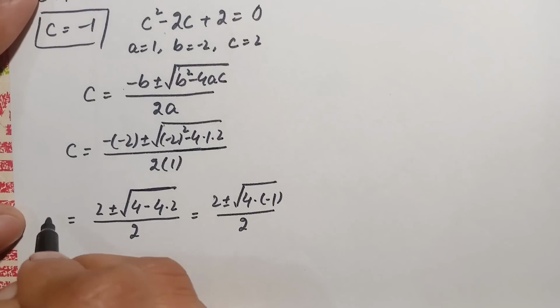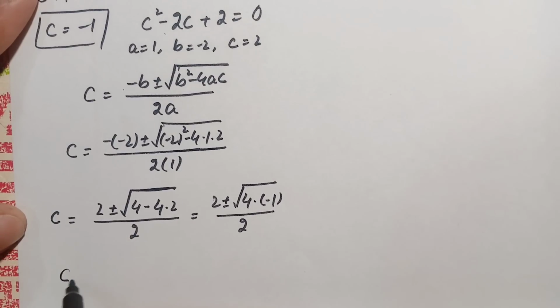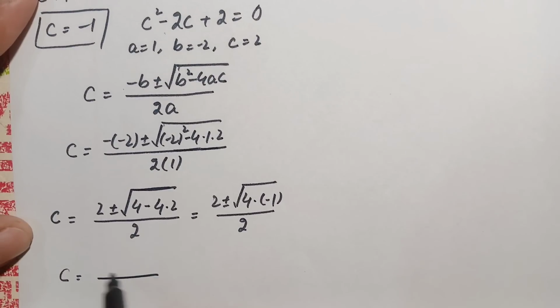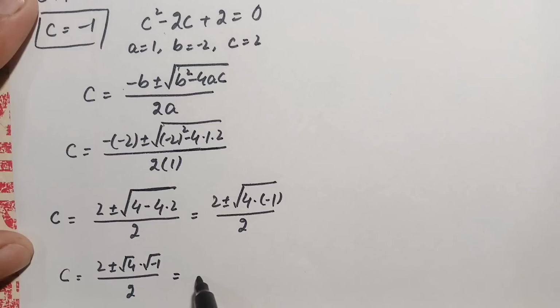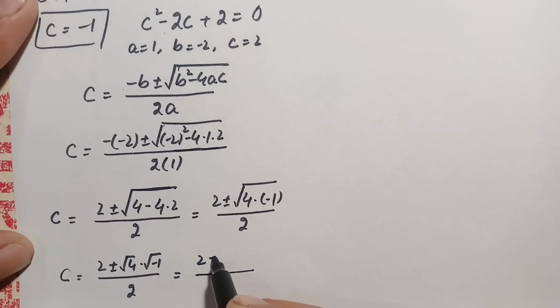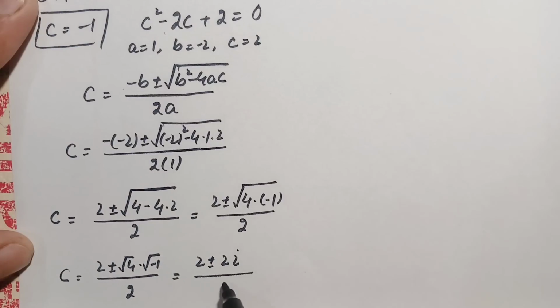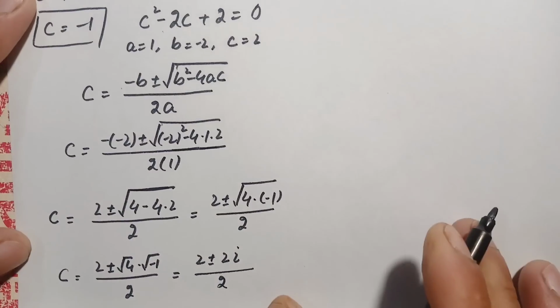So the value of c will become 2 plus minus square root of 4 times square root of -1 divided by 2. Further this will become 2 plus minus, square root of 4 is 2 and square root of -1 is the complex identity i, divided by 2.